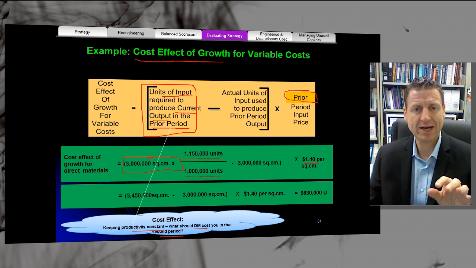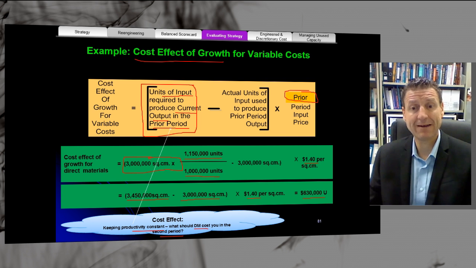And so this is a fraction that adjusts how much we should have used in the prior period. And we should have used 3,450,000 square centimeters. In the prior period, how much did we use? We actually used 3 million square centimeters. And so that difference multiplied by the $1.40 per square centimeter in the prior period gives us that 630,000 unfavorable.